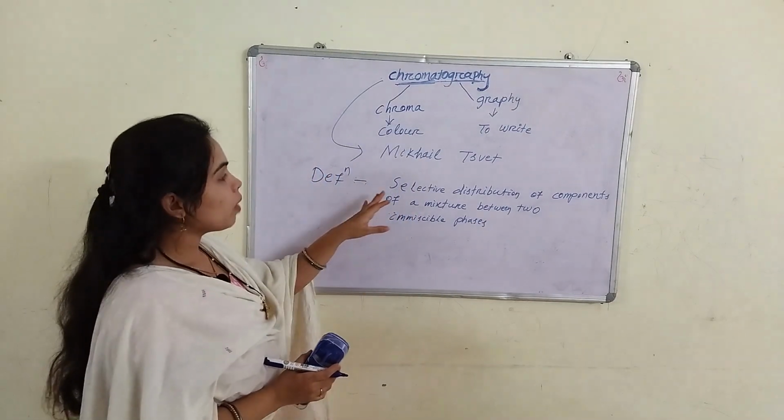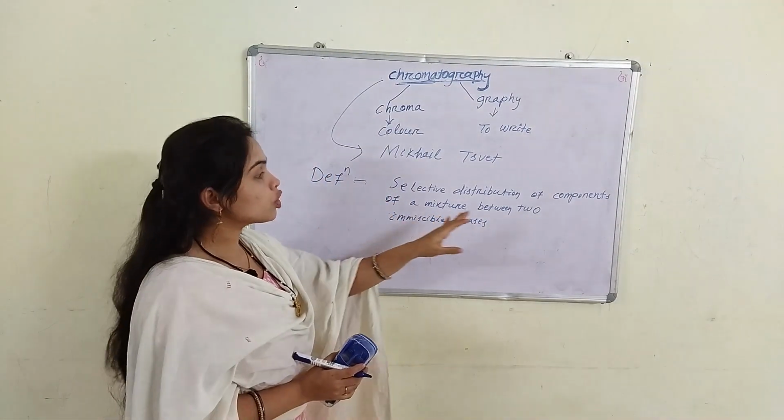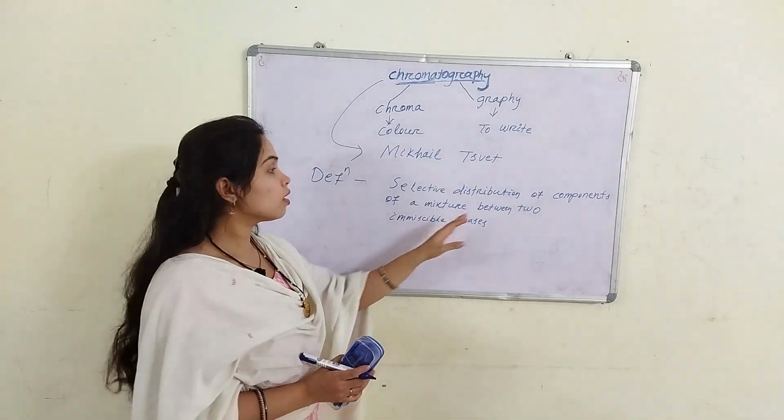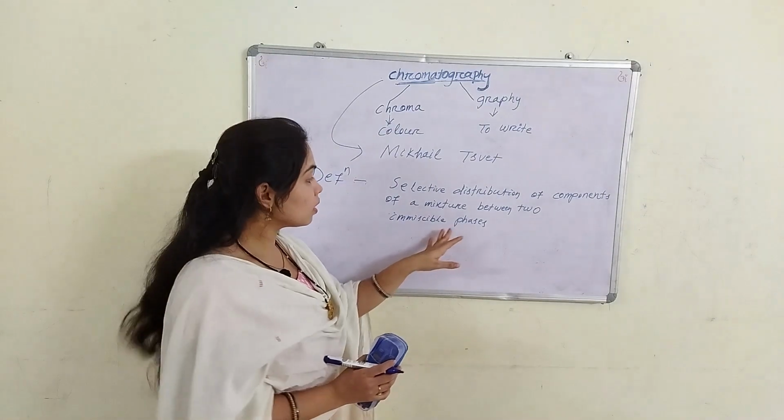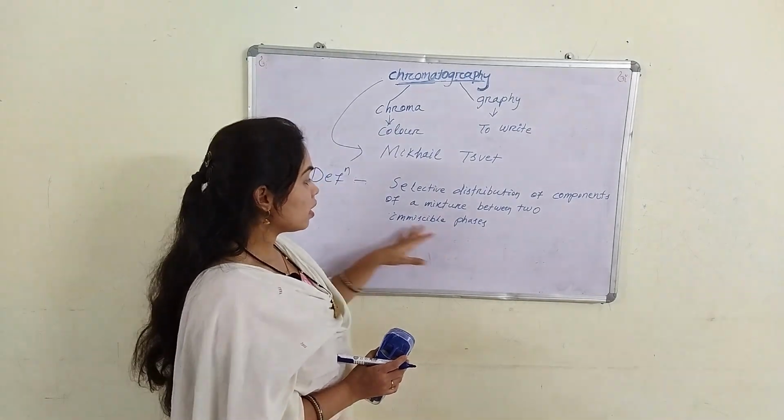So, chromatography is the selective distribution of components of a mixture between two immiscible phases. Then, what are the immiscible phases here?